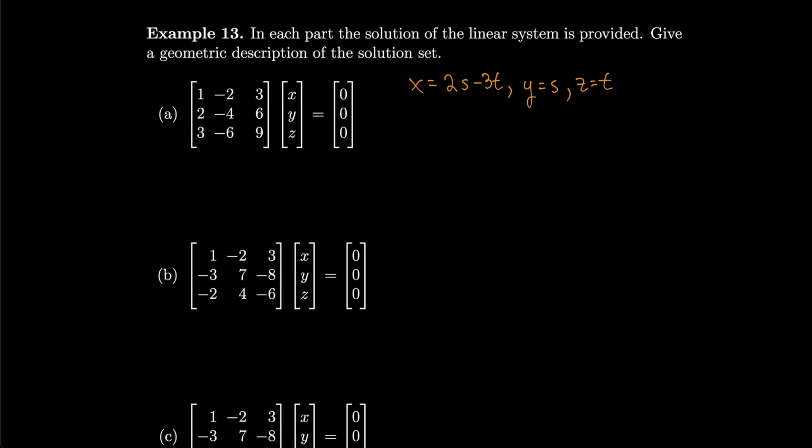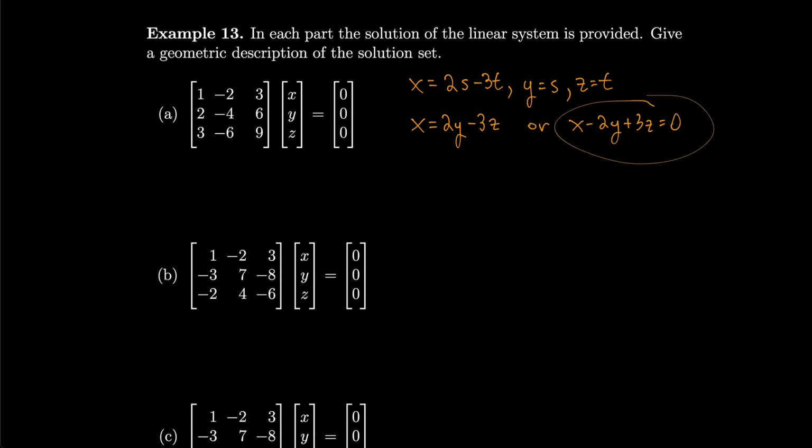It's not super important though. How we get the solution is more important than interpreting the solution, which we can do by rewriting x in terms of y and z. So x equals 2y minus 3z, so that we can write x minus 2y plus 3z equals 0.